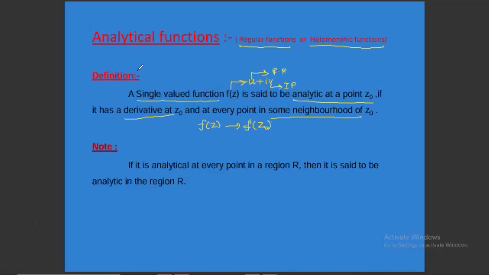If this condition is satisfied, then we say a single valued function f of z is an analytic function.